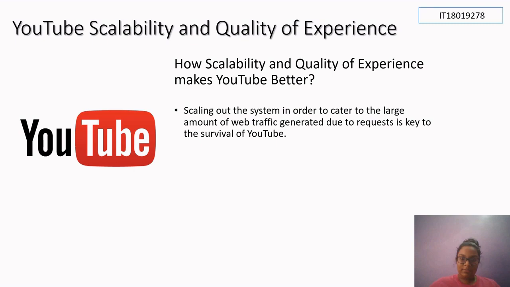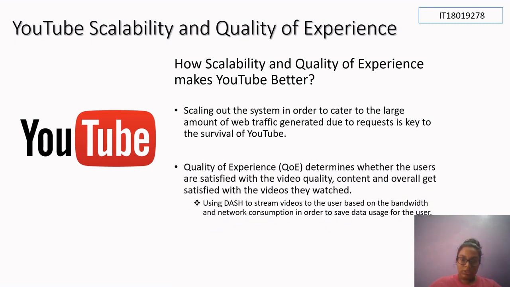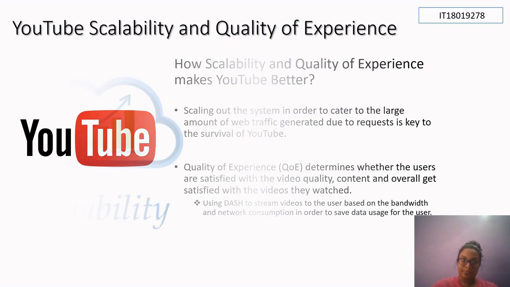One of the main key factors for the survival of YouTube is that it is scaled out to cater to the large amount of web traffic generated due to requests. Another key factor is the quality of experience that YouTube provides to users by using DASH to stream videos based on the bandwidth and network consumption in order to save data for the user.